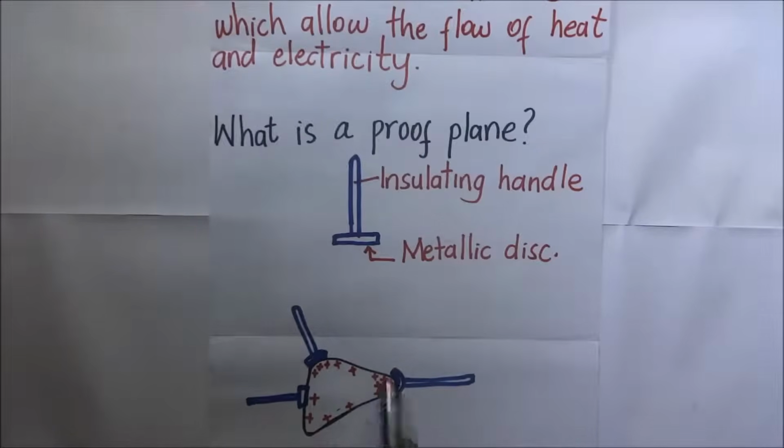But if you look at this conductor here, we can say it is positively charged. But when you reach this sharp point, there are more positive charges, they are more congested. It means that the charge density here is high, and when you go to these areas that are a bit flat, you see that there are fewer positive charges.